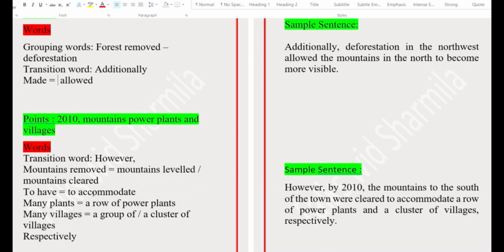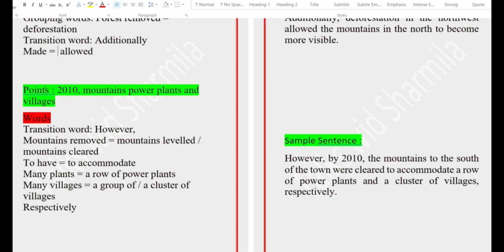To have is to say "to accommodate." For many plants, you say "a row of power plants." Don't use the word "many." There are many power plants in the picture, right? So for that we say "a row of power plants." Instead of "many villages," say "a group of villages" or "a cluster of villages."